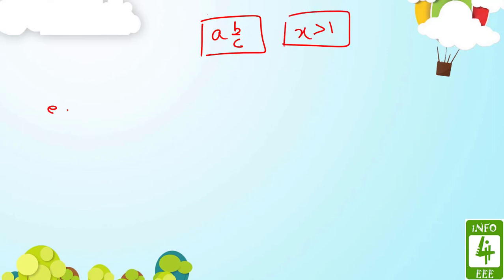Now let's understand the A B upon C form. For this form, the number should compulsorily be greater than 1. For example, the number is 2.131313. You can write this number as 2.13 bar, right? In this expression, A will always be the number which is on the left side of your decimal. So here A is 2, right?